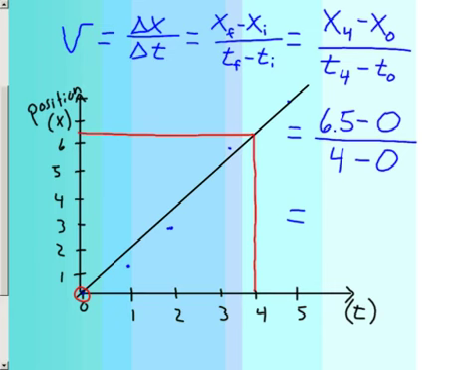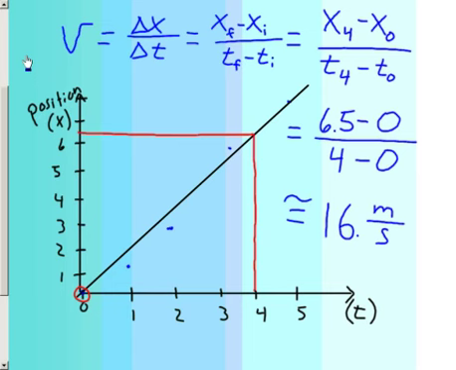4 goes into 6 once. 25 is left over. 4 times 6 is 24. So that's about 16 point something. All right? I'm going to put a little squiggle above my equal sign to say about. 16, and the top is in meters, the bottom is in seconds.